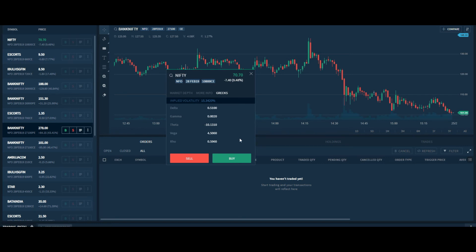So your at the money contract will always have theta running at a much higher rate, so your erosion will be much higher. When you're coming near to the expiry, just this week as we are sitting here and talking about this data, you'll realize the option premiums are eroding much faster as compared to what they started with.